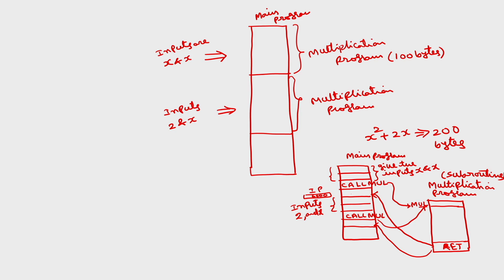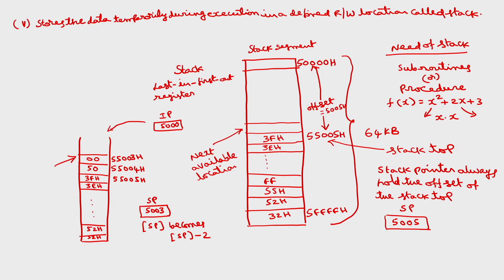To avoid that, all the register contents can also be pushed into the stack like the instruction pointer, and then you go to the subroutine. While returning, you take all the contents back, which is called the pop operation. So, this is the push operation, where the contents are pushed onto the stack.